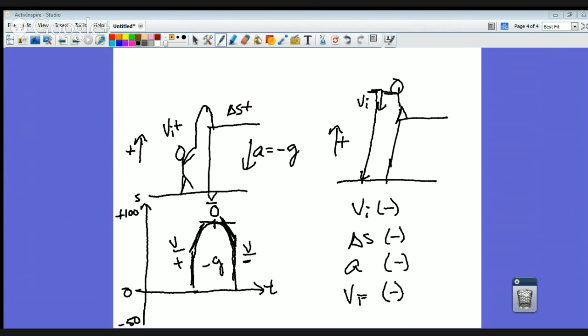Okay, I'm just looking at your homework. So you're riding on an elevator, descending with a constant speed. So yeah, let's look at this.